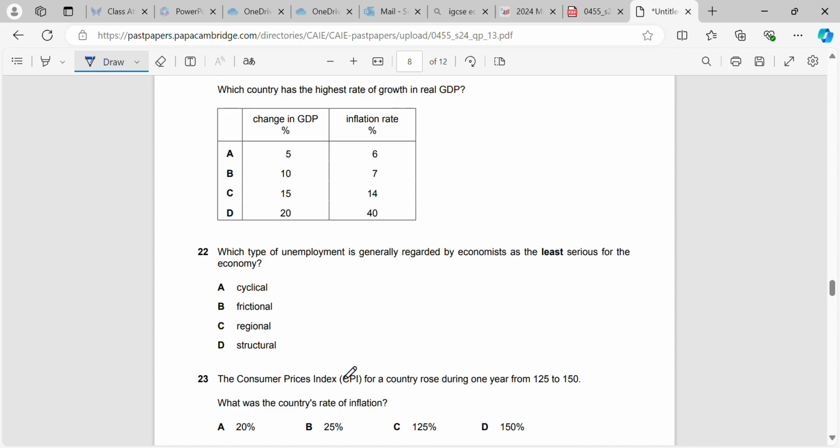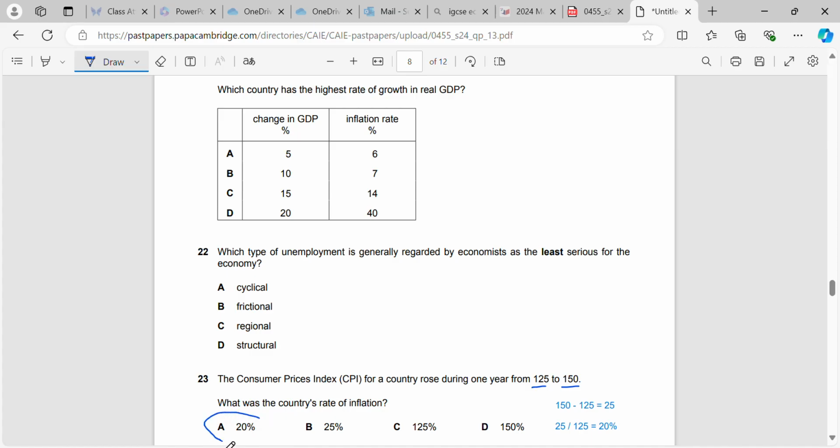Okay, the consumer price index for a country rose during year 1 from 125 to 150. What was the country's rate of inflation? For CPI, we need to take the difference between the two. So 150 minus 125 gives us 25, and 25 divided by 125 equals a 20% rate of inflation.